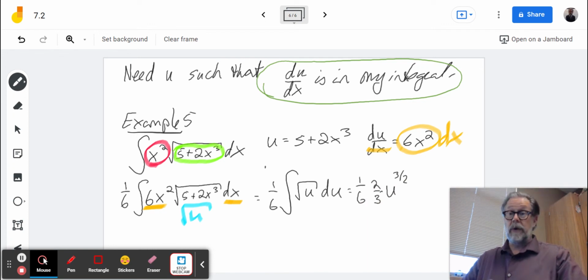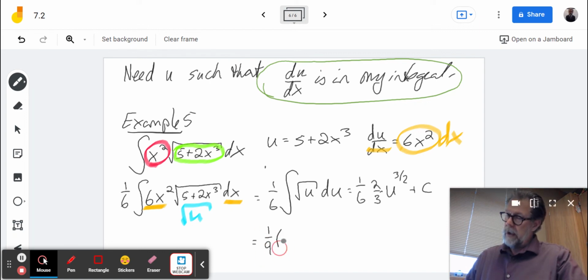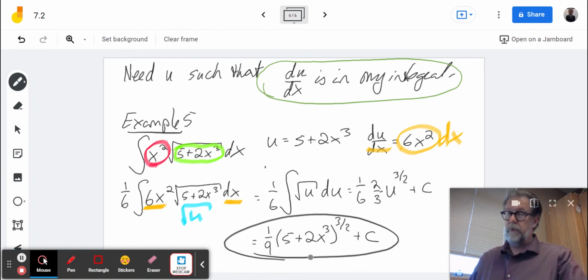We're using the power rule plus a constant. And that means that this integral here is equal to, we could simplify. Yeah, sure, why not? Let's simplify. 1/9 times 5 plus 2x cubed to the 3/2 plus a constant.